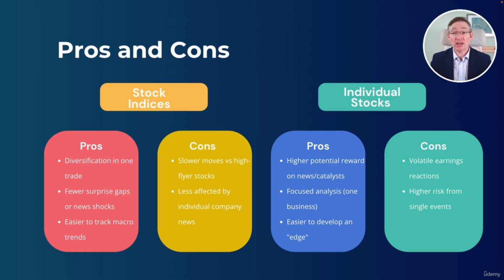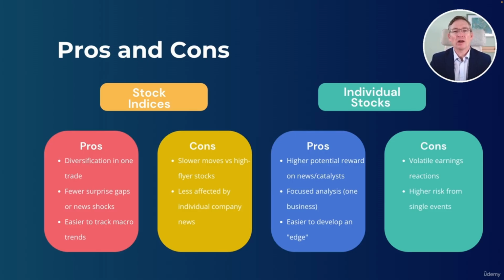And they are great for following macroeconomic themes, like what's happening with interest rates? Are they expected to rise? How about inflation? Is it going up or is it going down? All of a sudden, you can have a nice way of expressing a big macroeconomic theme through a major index.